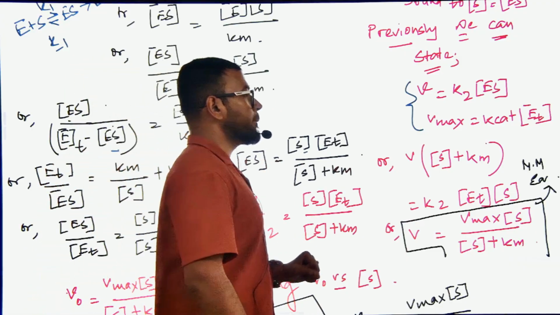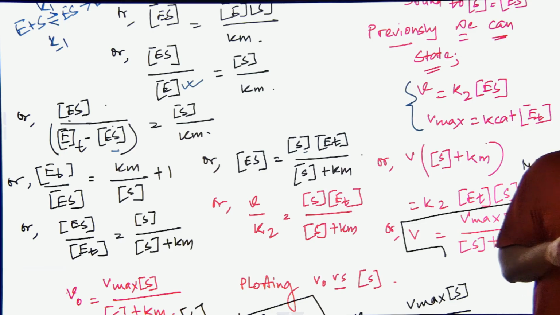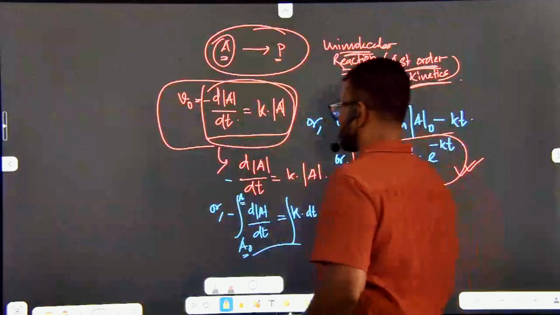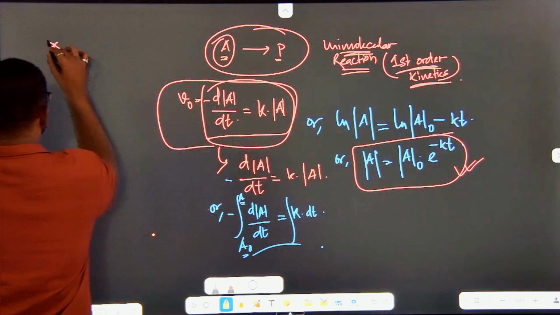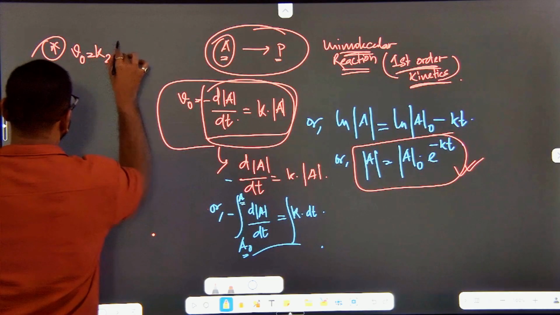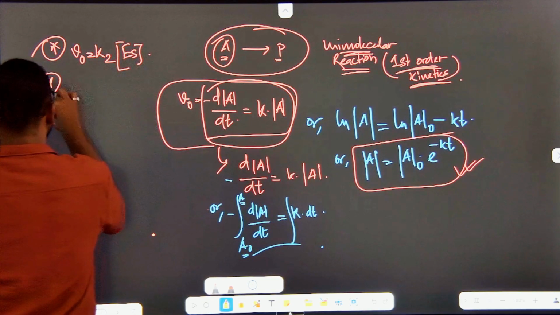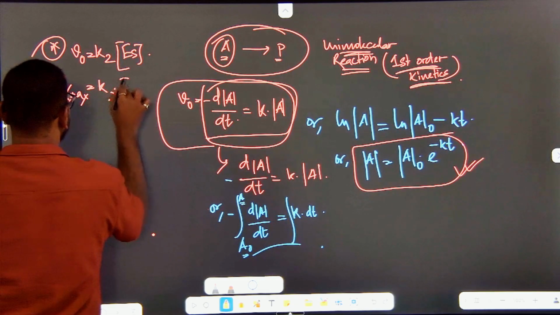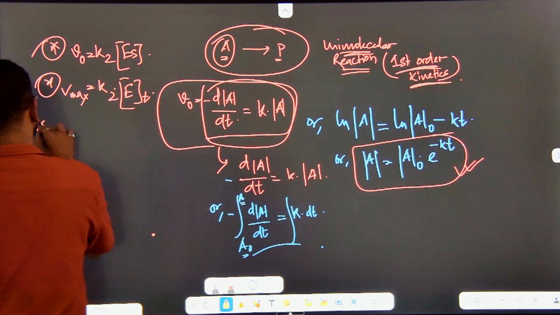Now, previously, we have encountered a few formulas. What are they? One thing we have understood is V naught equals K2 into ES. This is the first thing we have known. Second thing, Vmax equals K2 into ET, that means total enzyme concentration.